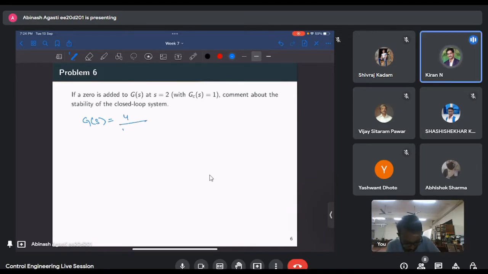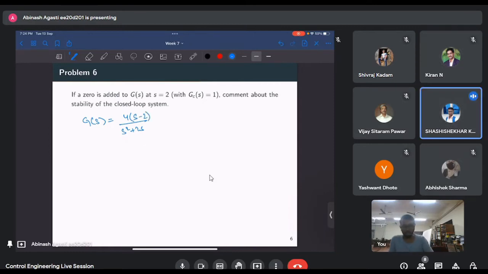Original was 4 by 4 into s minus 2 by s square plus 2s. Correct. So okay, before doing the math, tell me, what do you think the stability of the system should be? Unstable, sir. Okay, why do you think that? Because there is a 0 in the right half of the S plane. Correct.